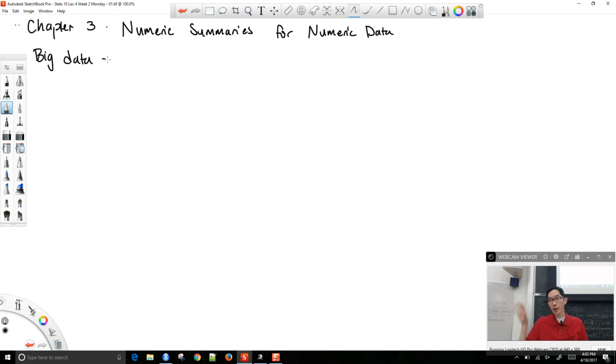And if you want to compare this data set to this data set, or just this group to this group, if you've got thousands of rows of data to go through, it's just too much information for our brain to process. So what do we do? We want to boil down this data set to just a few numbers. We also want to boil down this data set to just a few numbers. Once we have just a few numbers, then we can start making comparisons that we can process, right?